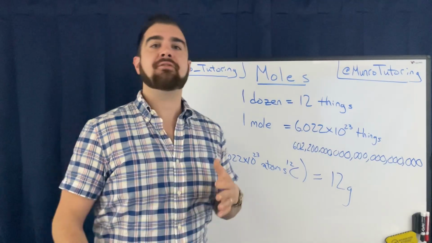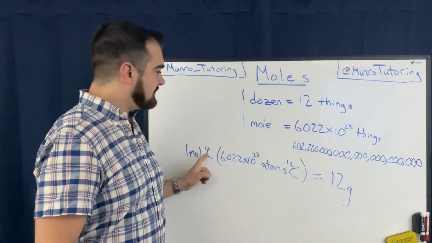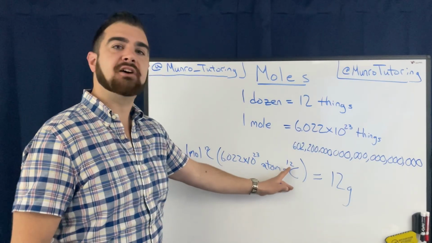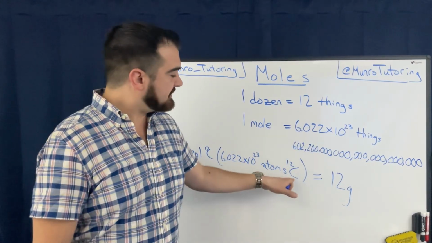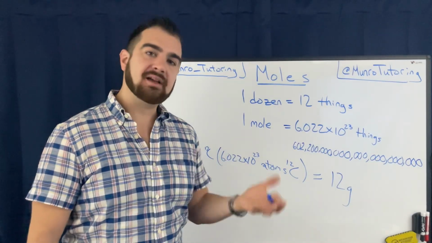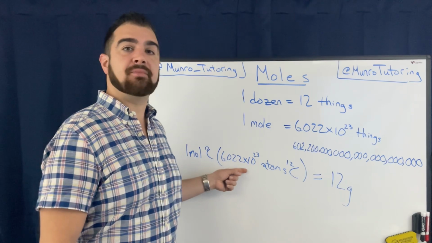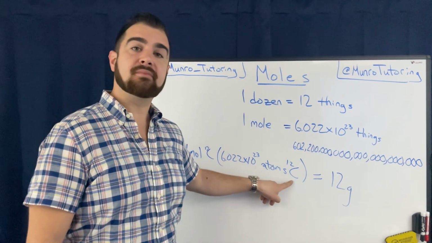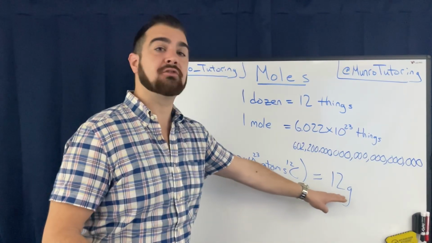And so if you saw my video on isotopes, this number here, the 12 on the top left of the carbon, that's its mass number. And so in other words, this carbon atom weighs 12 atomic mass units. Now, if we have Avogadro's number of this atom that weighs 12 atomic mass units, then the total weight is 12 grams.